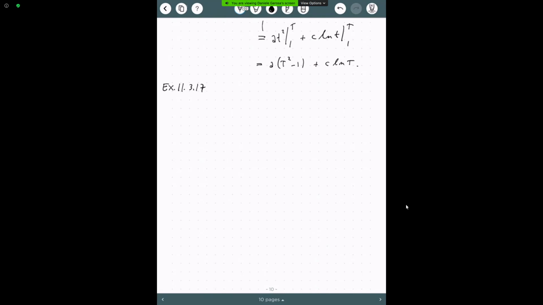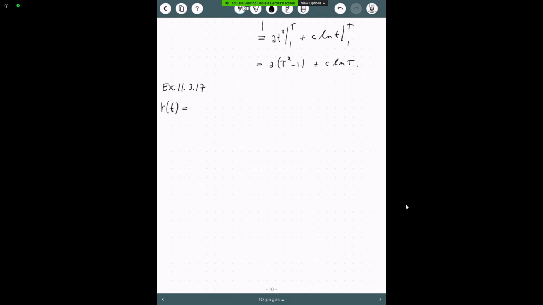But integrals are not always easy to compute, like in the case that we are seeing now. So we might need some patience.